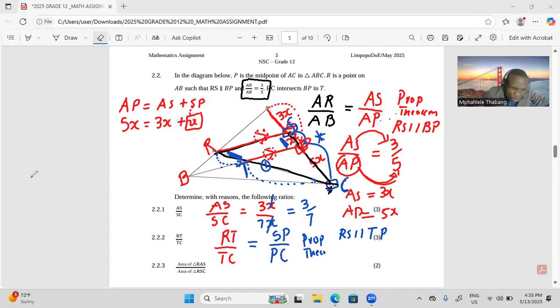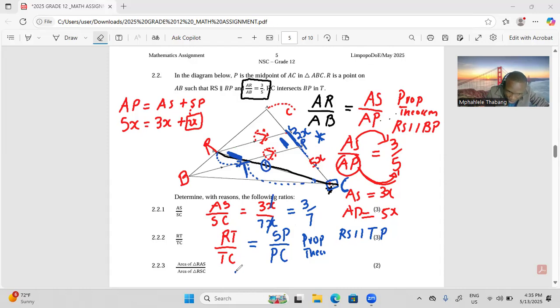Don't forget this portion SP here, we represented it in terms of 2x. And PC, we represented in terms of 5x. So we are saying SP over PC. SP is 2x. PC is 5x.